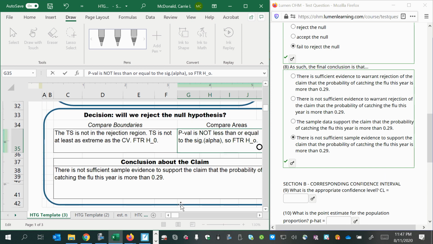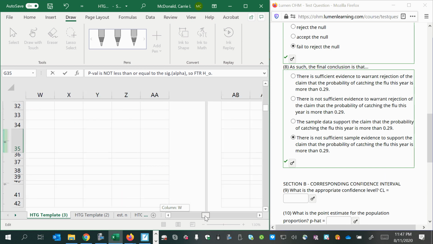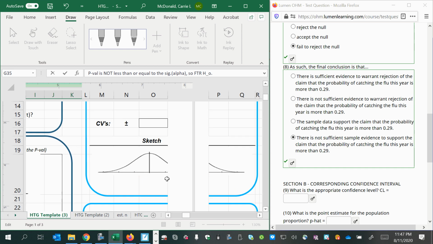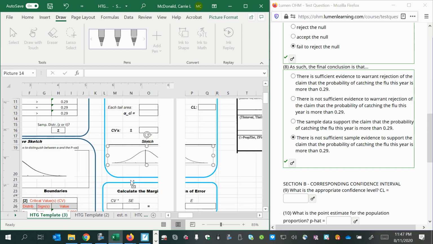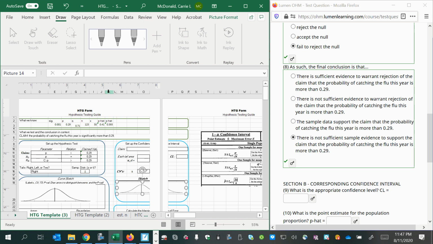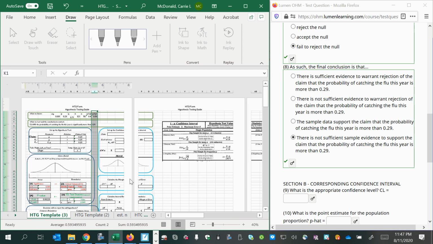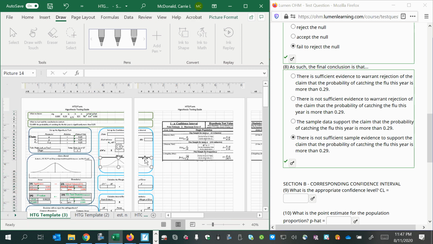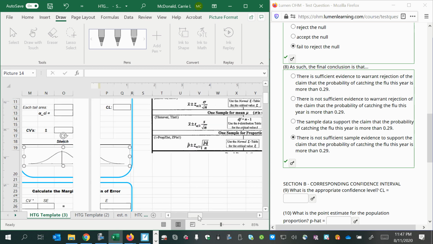So now that we've finished that, we are ready to start our confidence interval on the other side of the page. Let's see. I guess it'll be fine like that. I've spread things out so that it doesn't quite fit onto one page anymore, my form here, but I think we'll still be okay.